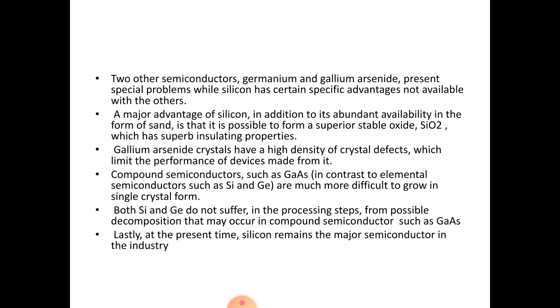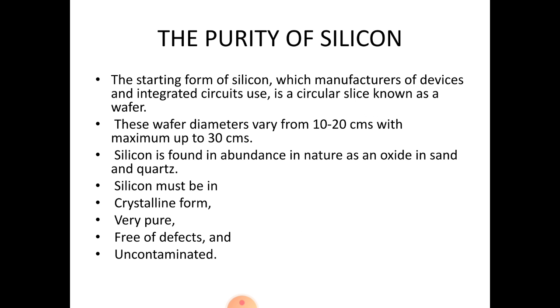Compound semiconductors such as gallium arsenide, in contrast to elemental semiconductors such as silicon and germanium, are much more difficult to grow in single crystal form. Both silicon and germanium do not suffer in the processing steps from possible decomposition that may occur in compound semiconductors such as gallium arsenide. Lastly, at the present time, silicon remains the major semiconductor in the industry.